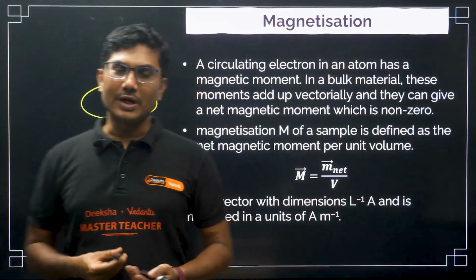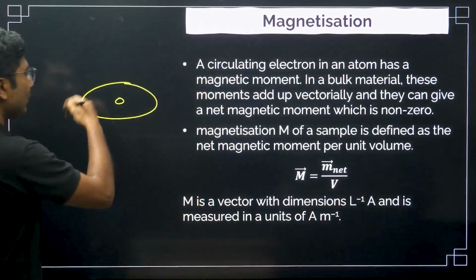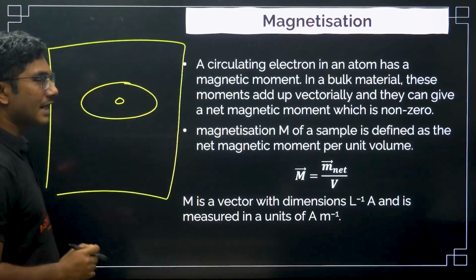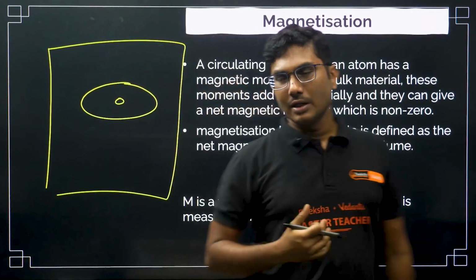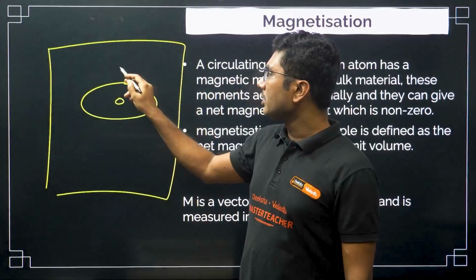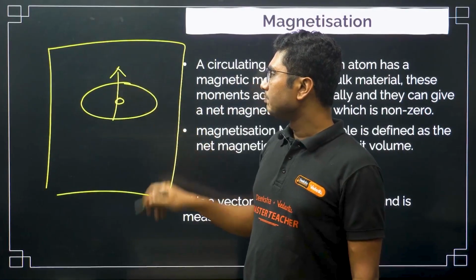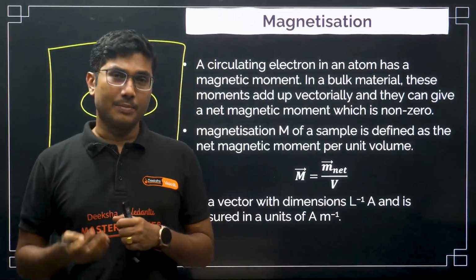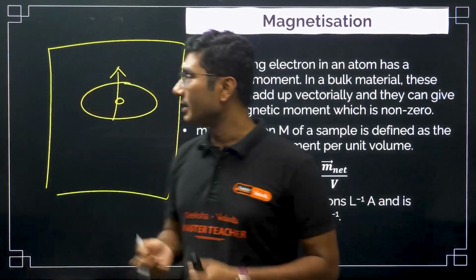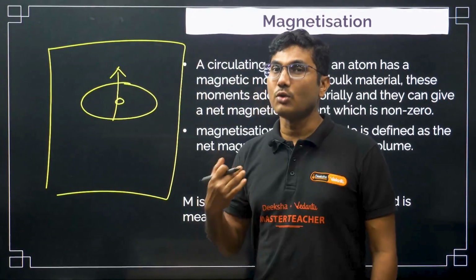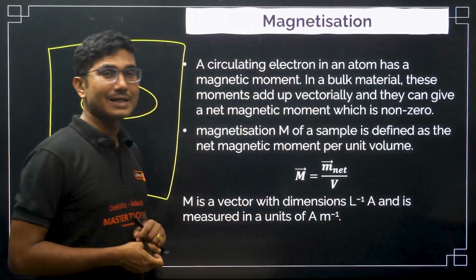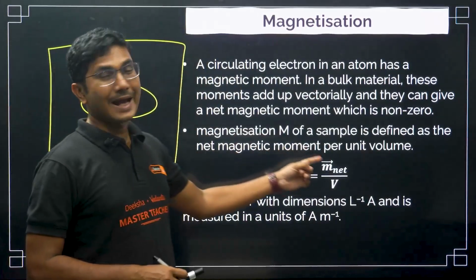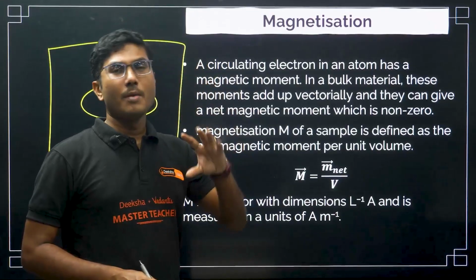Now if you consider bulk matter, this is a single atom. Bulk matter means you have a lot of such atoms inside a particular material. If all such magnetic moments add up and do not cancel each other, then the material will have magnetism on its own. That is called magnetization. Magnetization is basically the magnetic dipole moment per unit volume.